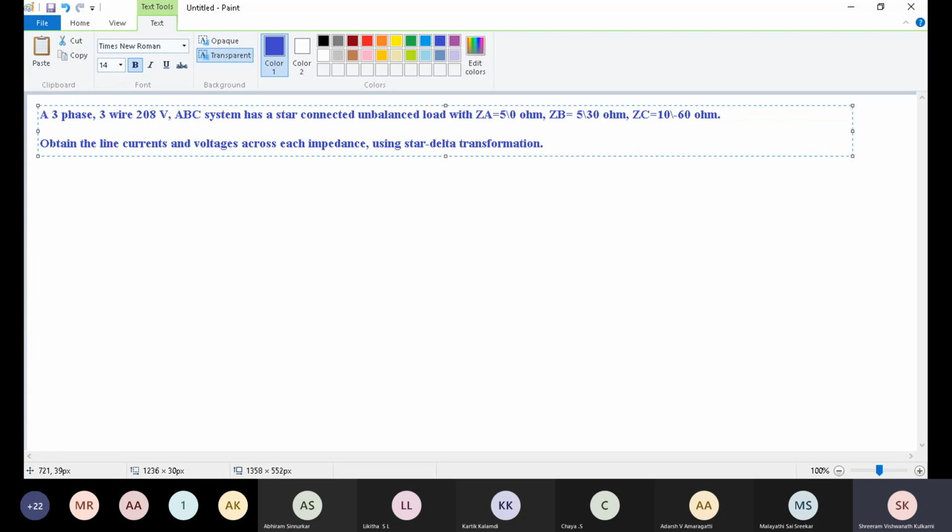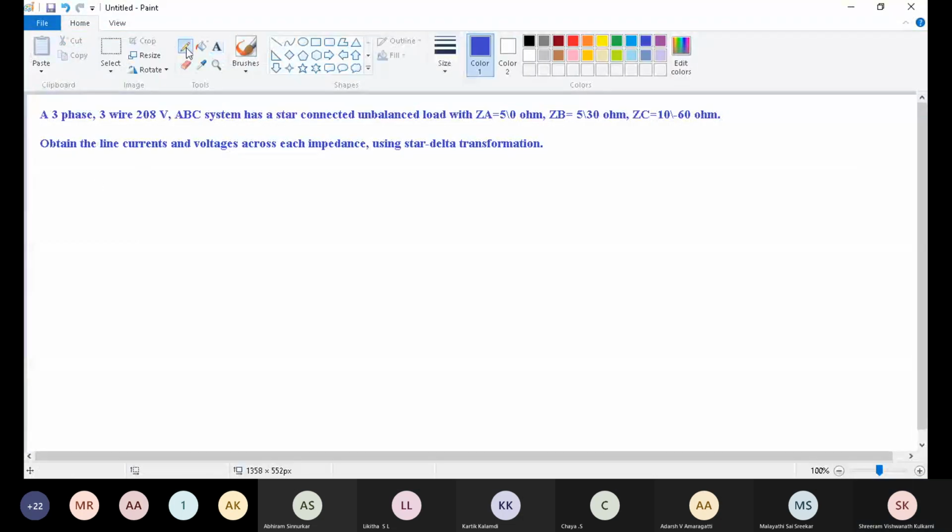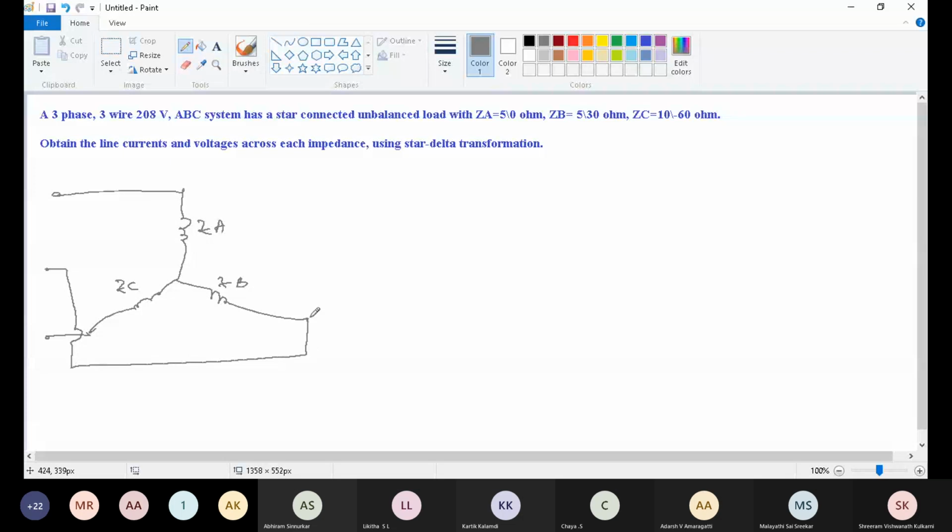For your simplification, I am going to give a diagram: three phase, three wire, star connected. Neutral is not there. It means ZA, ZB, ZC. Here this is ZA, ZB, ZC, with terminals A, B, C. This is the problem given.